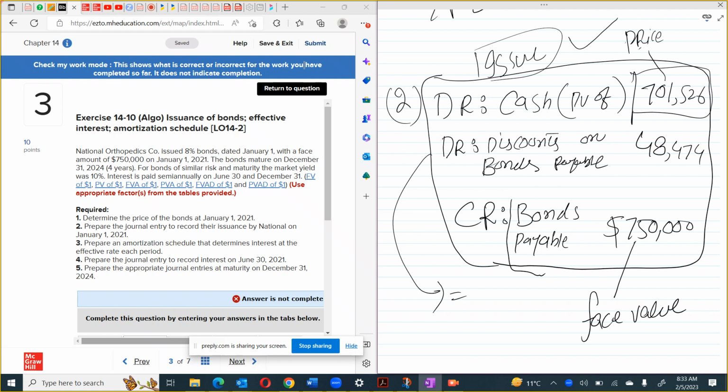How will you solve it? I will tell you. So far we have solved two questions on discount bonds, and I hope everything is on your fingertips, and when you revise it, everything will be on your fingertips.